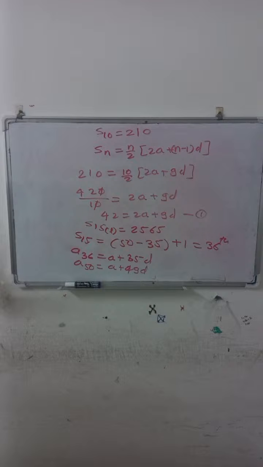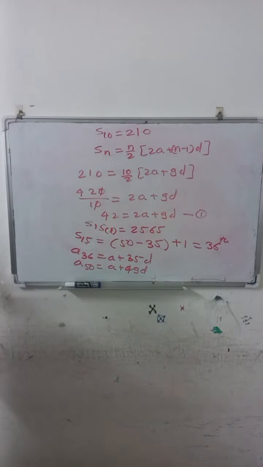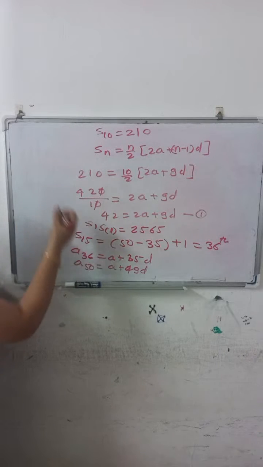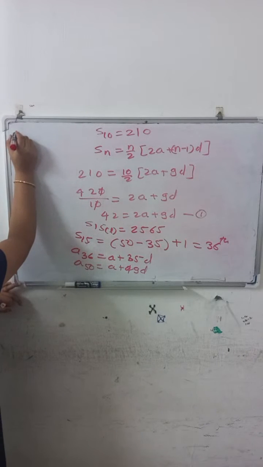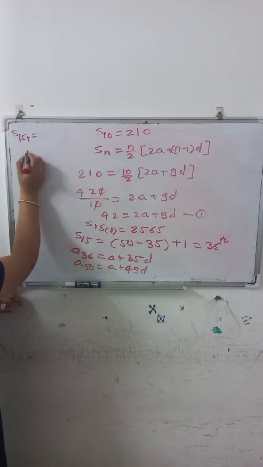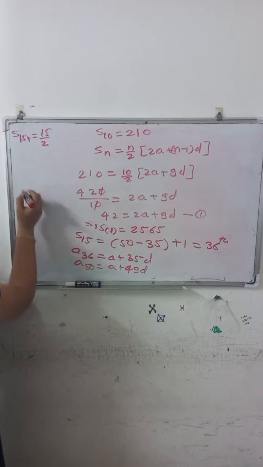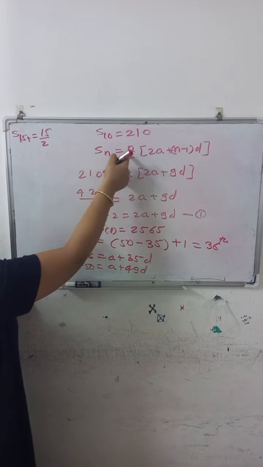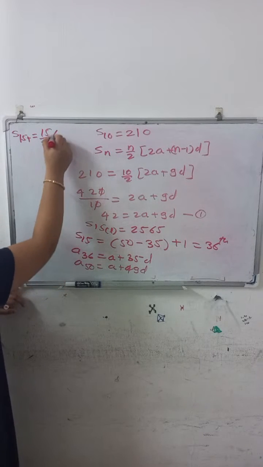Once I get these, they are asking the sum of the last 15 terms. Okay, the sum of the last 15 terms is nothing but what? Everyone copy this part. I will try to solve here. Sum of last 15 terms, that is S15, is nothing but 15 by 2. I will use this formula, n by 2, that is 15 by 2.